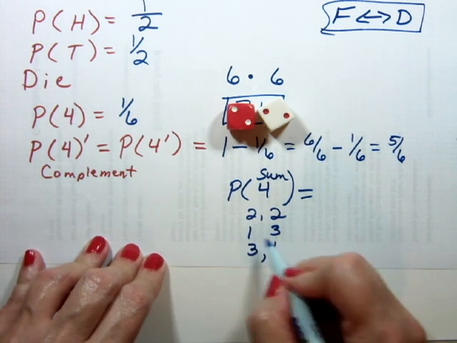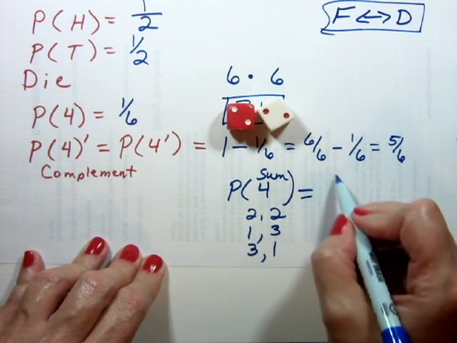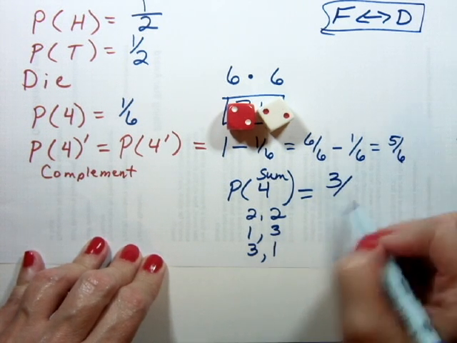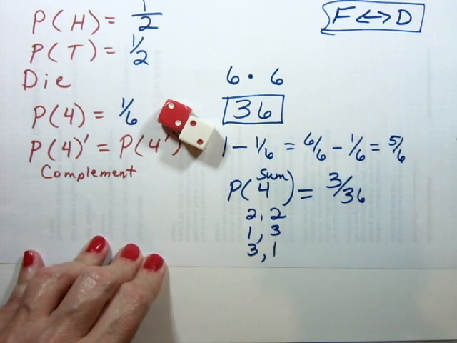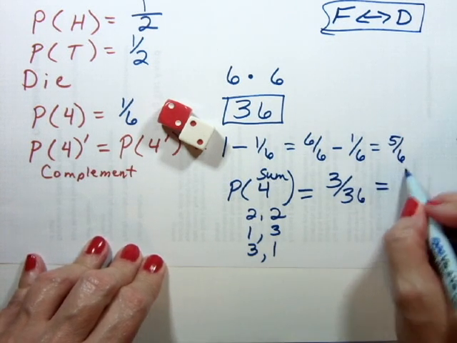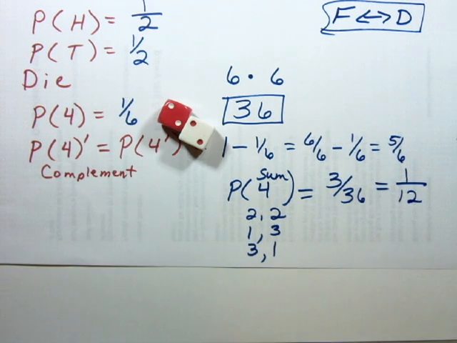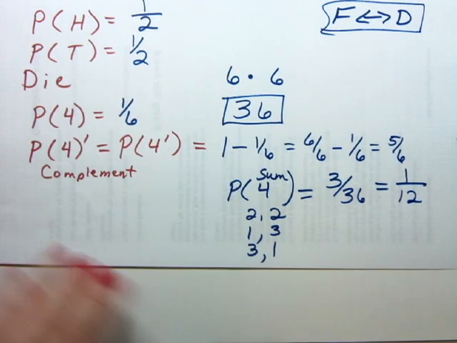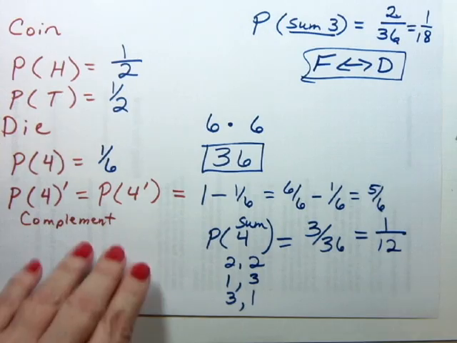Those are 3 different landings of the dice. Then my probability of a sum of 4 would be 3 out of how many ways can a pair of dice land? 36. And I would need to reduce: 3 goes into 3 once, 3 goes into 36, what, 12 times. So your probability would be 1/12, or 1 out of every 12 rolls of the dice I would expect to see it. Or as I rolled more and more, it would be 1/12 of the time.